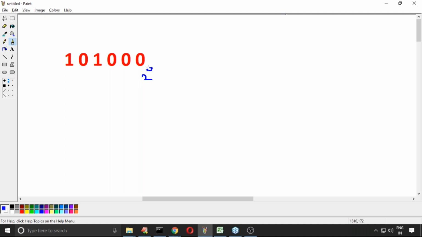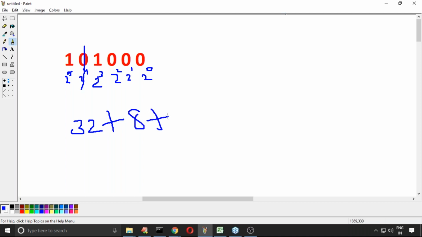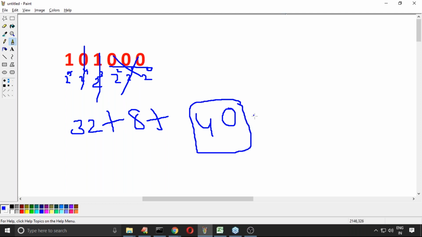2 power 0, 2 power 1, 2 square, 2 cube, 2 power 4, and then 2 power 5. 1 into 2 power 5 means 32, plus 0 into 2 power 4 is 0, plus 1 into 2 cube means 8, plus 0, 0, means 0. 32 plus 8 means 40 is the answer we are going to get.